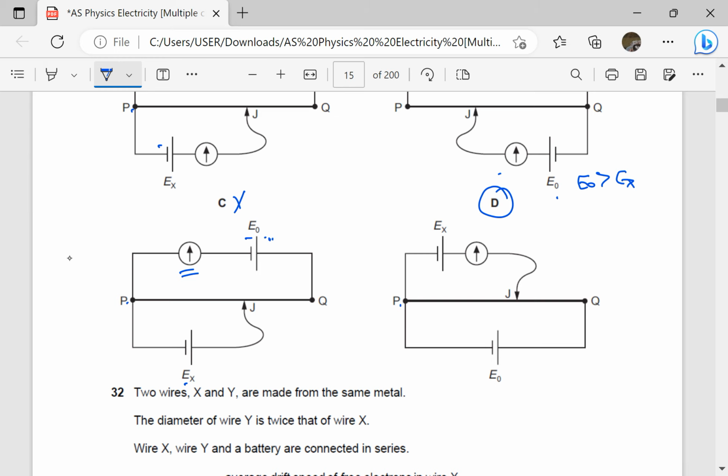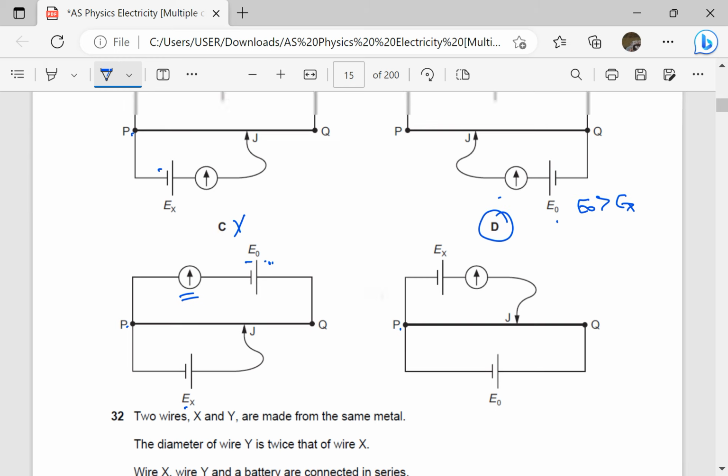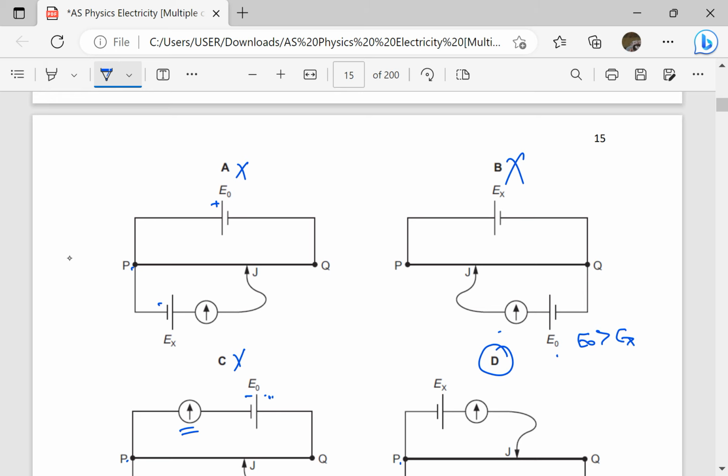Note very carefully, balance cannot be achieved. We eliminated A because balance cannot be achieved if the cells are connected like this, positive to negative. Balance is only achieved if positive is connected to positive, so that there is a possibility of cancellation.